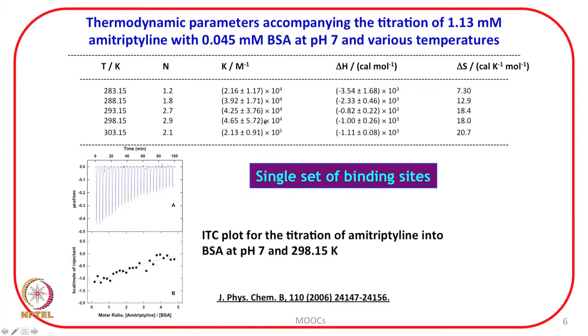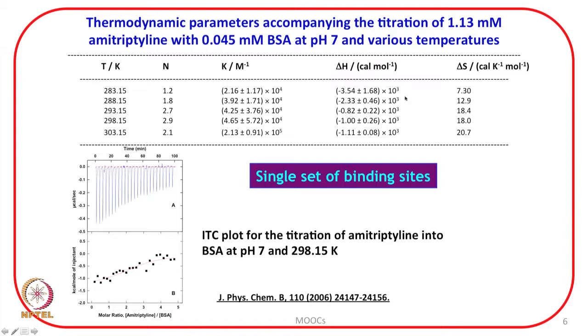And then if you look at the table, the K values are of the order of 10 raised to the power 4. In case of naproxen, we observed the K values of the order of 10 raised to the power 7, and the binding profile was very cooperative. Here it is not that cooperative, and the binding affinity is of the order of 10 raised to the power 4.